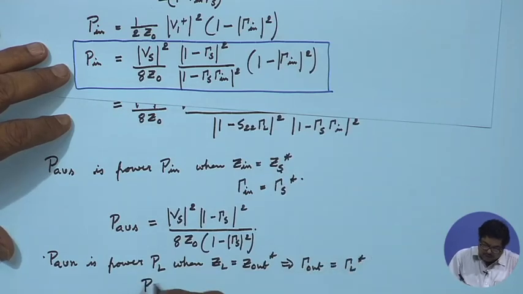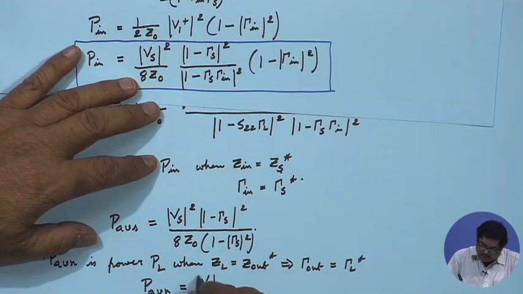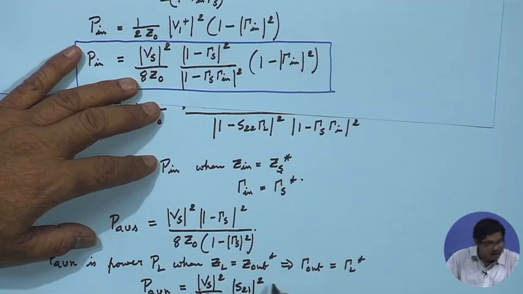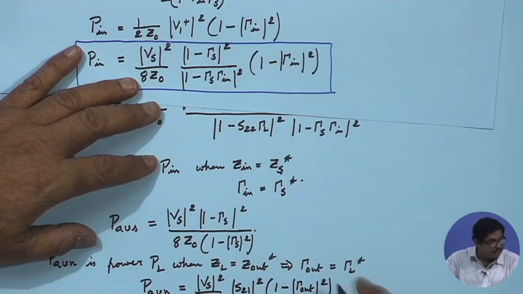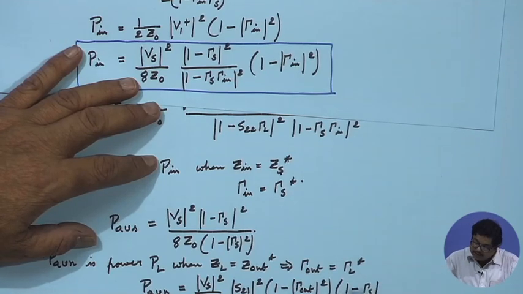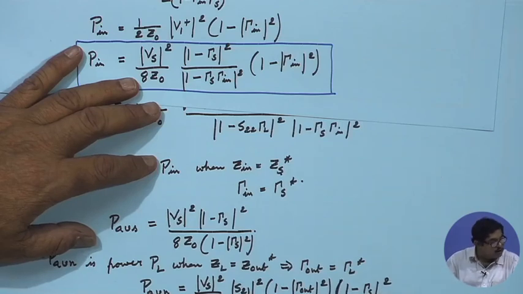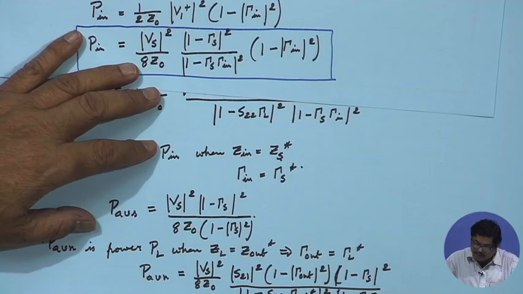If I do that, I get the expression of P A V n, and that becomes V s square by 8 Z naught, S 21 square, 1 minus gamma out square, into 1 minus gamma s square, divided by 1 minus S 22 gamma out star square, into 1 minus gamma s gamma in square.